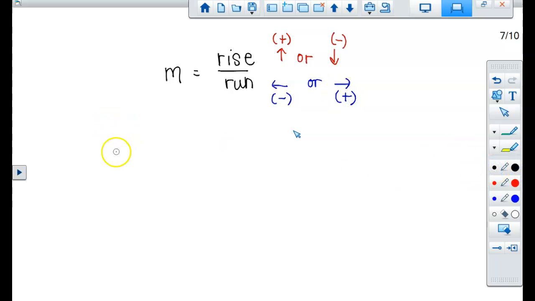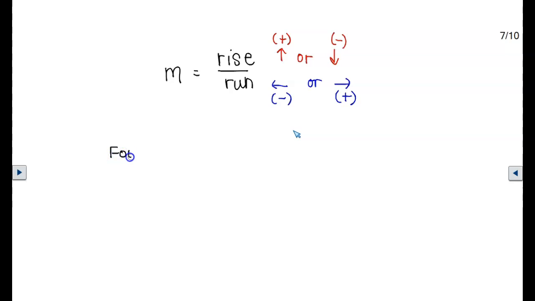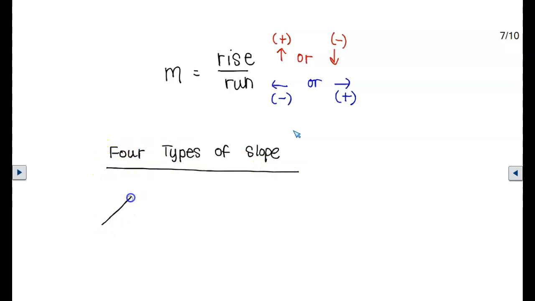And what you have seen in the 4 examples that I've done for you here is there are 4 types of slope. Lines that go up have positive slope. Lines that go down have negative slope.